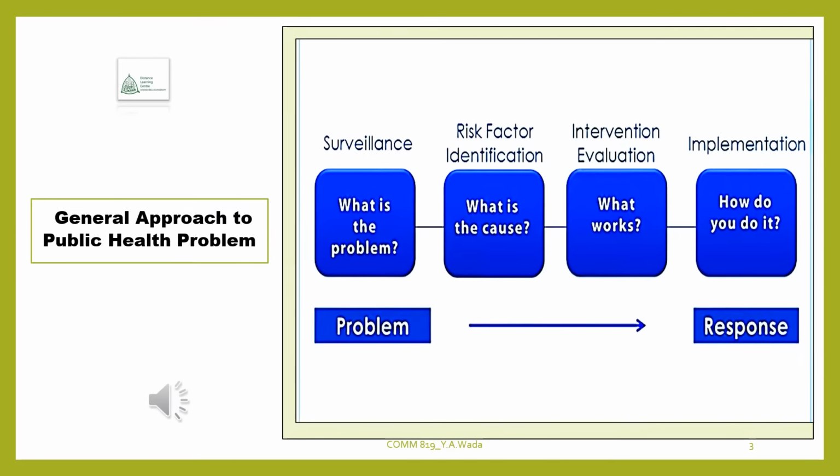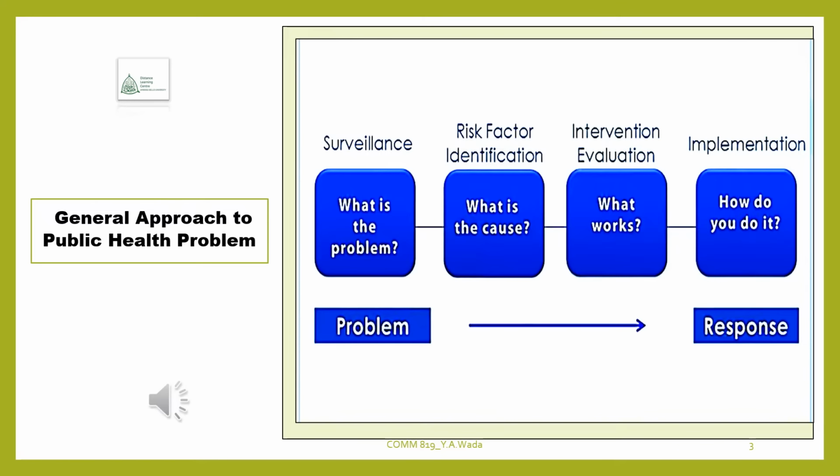Before we talk about epidemiology, let's learn about the general approach to public health problems and how it relates to the public health core sciences. Let's think about public health in a broader perspective.